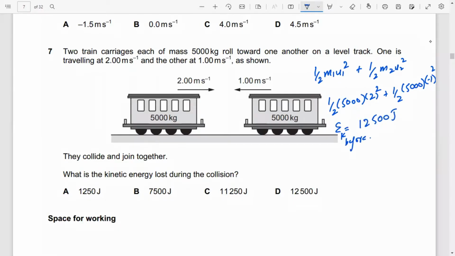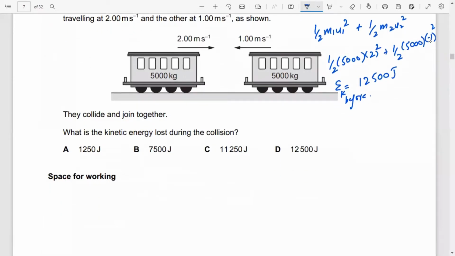अच्छा, when they stick together, you have to find the common velocity after they stick together. So m1 u1 plus m2 u2 equals m1 plus m2 into v.